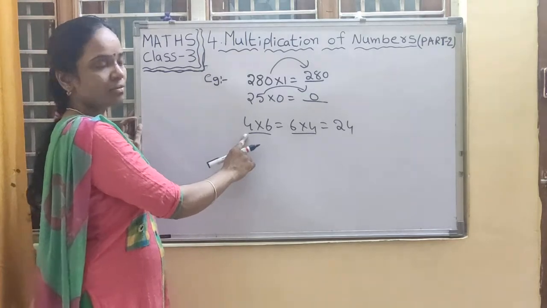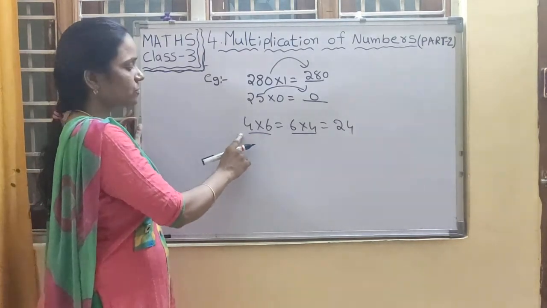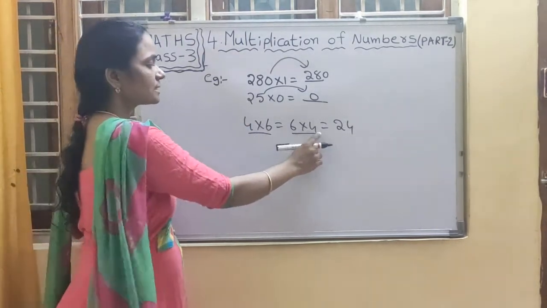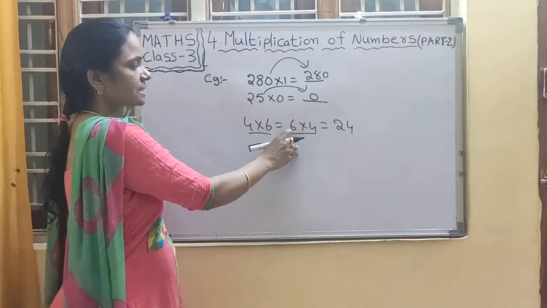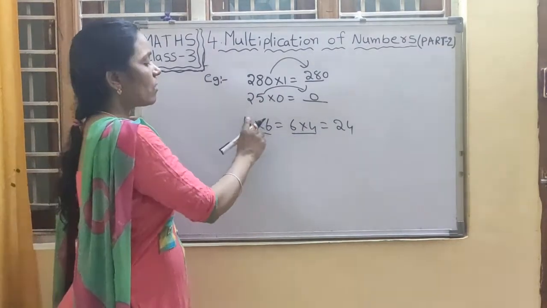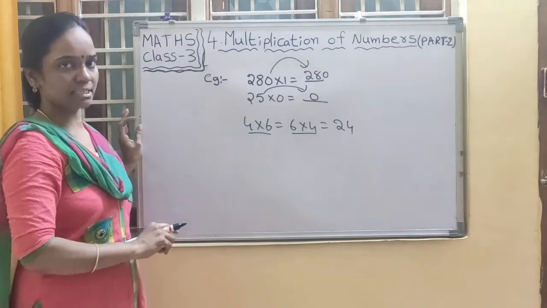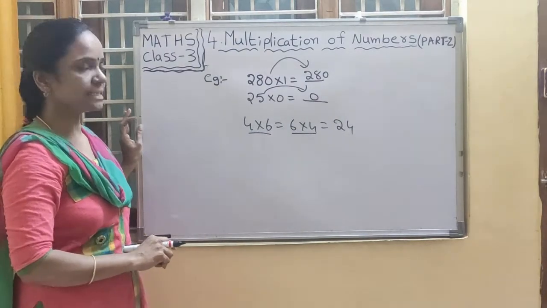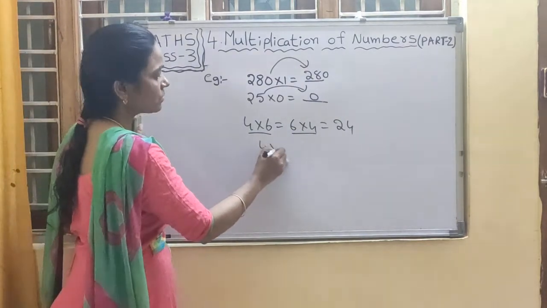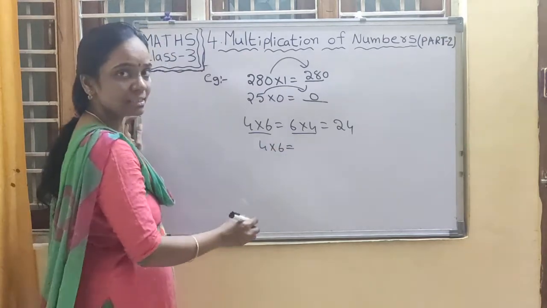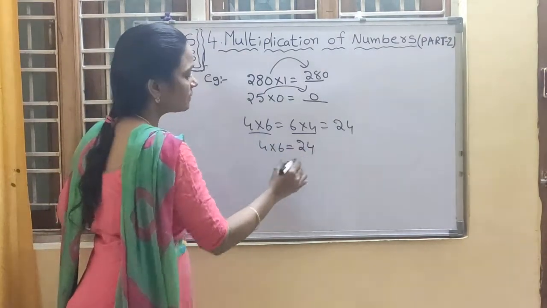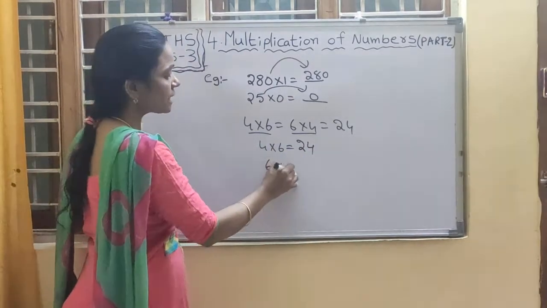Understood, children? First I wrote 4 into 6. Here I wrote 6 into 4. 6 came first here, so the order of the numbers is changed, but the answer is the same. 4 sixes are how much, children? Very good, 24. And 6 fours are how much?